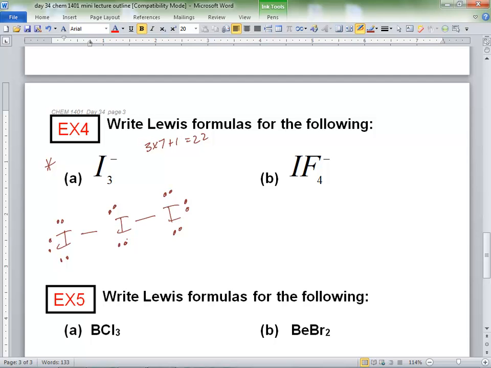You got to keep going. Where do you put them? You put everything on that center atom. And it's really going to be helpful to write those lone pairs this way, so that when you count, you can count 1, 2, 3 lone pairs on that center atom. That's going to be really helpful for the next class period. So you keep them paired up and kind of separate them out. Oh, and I forgot the brackets, right?